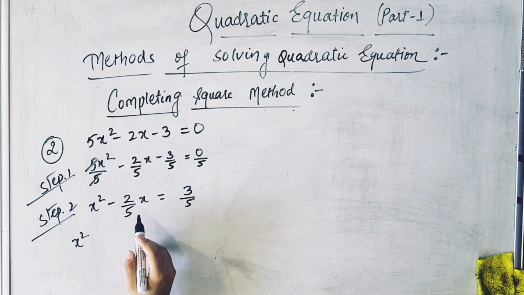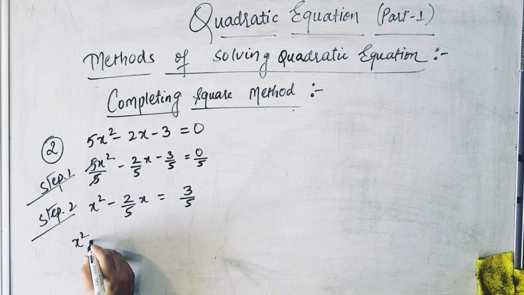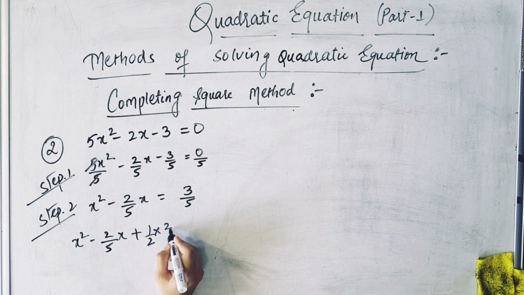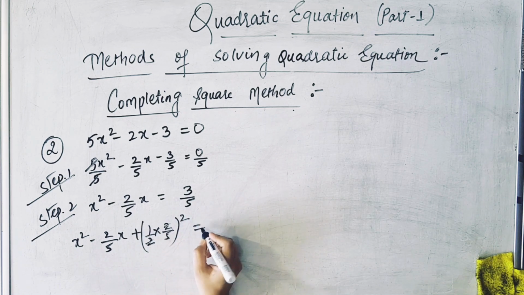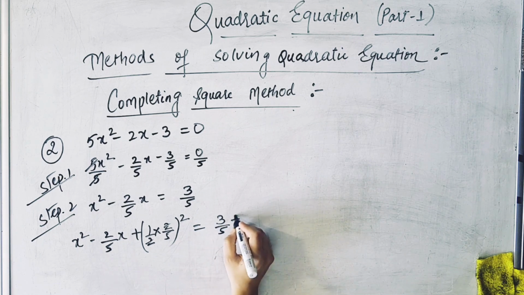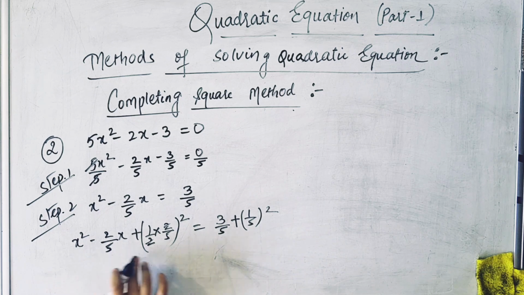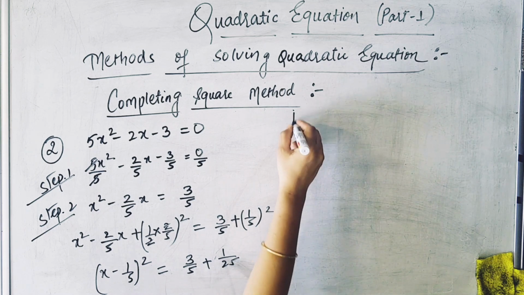Step 3 is adding half coefficient of x, whole square, on both sides. So 2/5x plus half into 2/5 whole square, so this and this got cancelled, 3/5 plus 1/5 whole square. This becomes the formula, x minus 1/5 whole square, and we'll solve over here 3/5 plus 1/25.